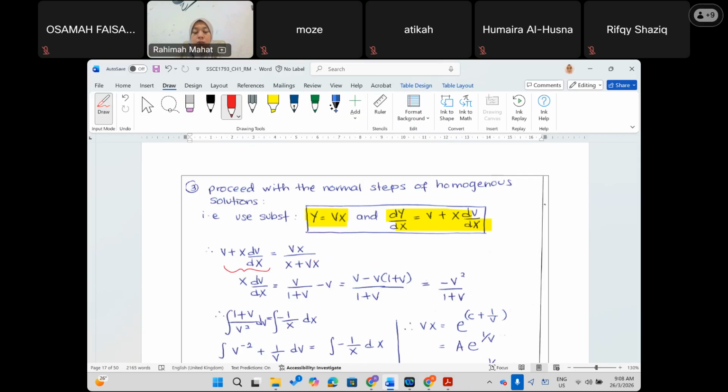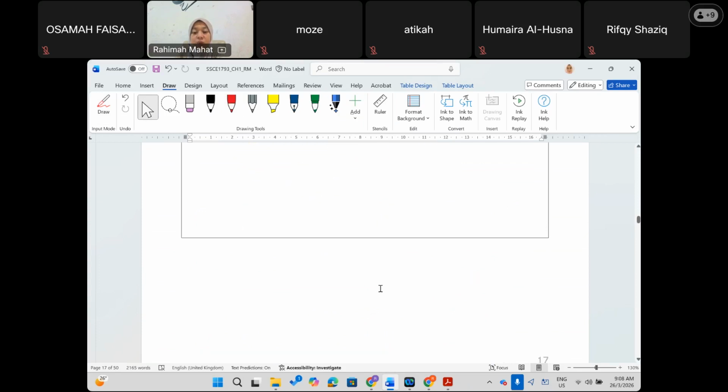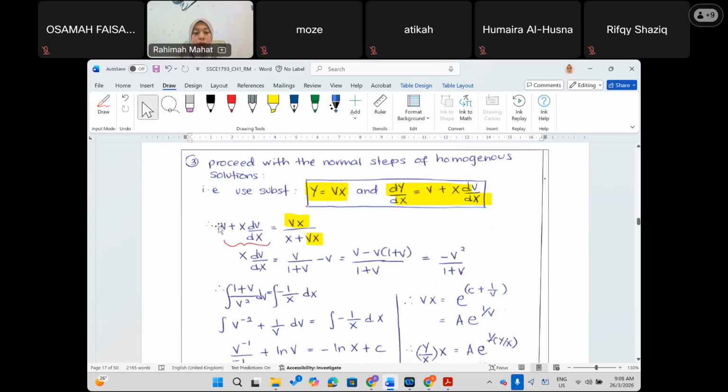Okay. And then for vx, you substitute your y. Y is what? Y over x plus y. So this is your y, this is your y, this is your y as well. And you move your v to the other side because you want to get the dv over dx only.